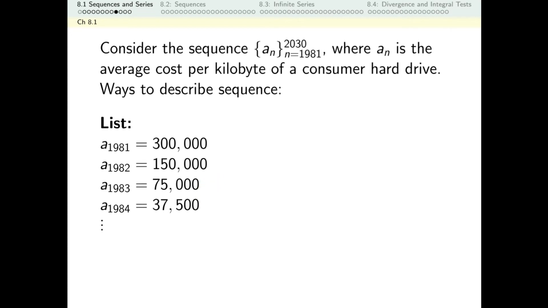I want to show you two ways of describing this list. One way is recursive. Recursive means it depends on the previous terms. If you notice, 150,000 is half of 300,000, and 75,000 is half of 150,000, and so on.